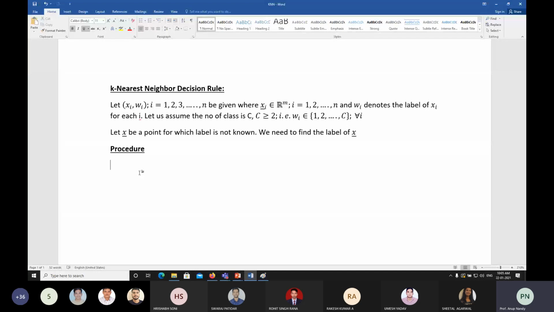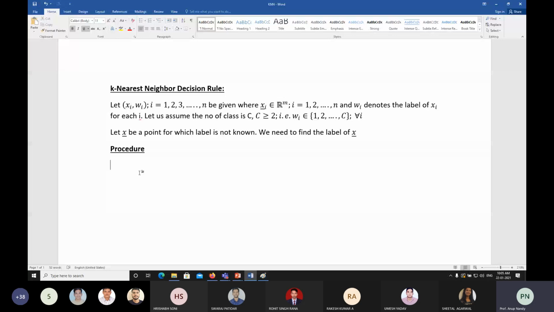The training data points will be given to you, and each point will be given with its corresponding class label. So x1 comes from class 1, x2 from class 2, and so on, where the xi's are n-dimensional data.